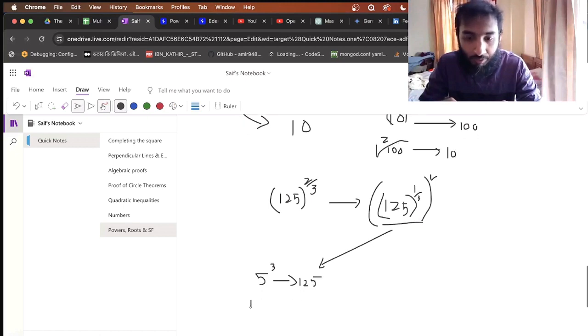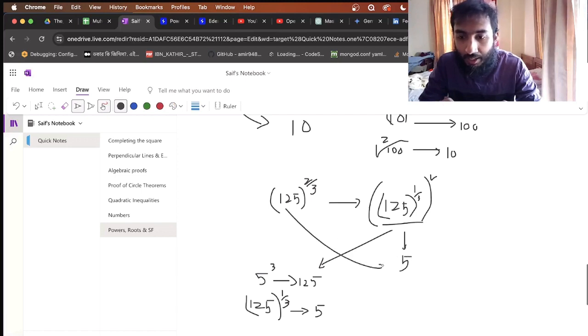So 125 to the power 1/3 will yield back 5. So this value is basically 5. So this representation is actually 5 squared, which is 5 multiplied by 5, or 25. So this is the answer.